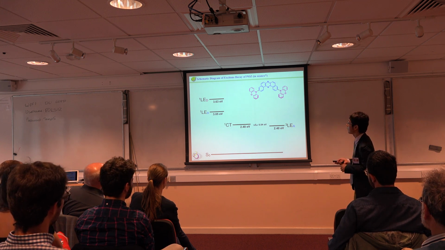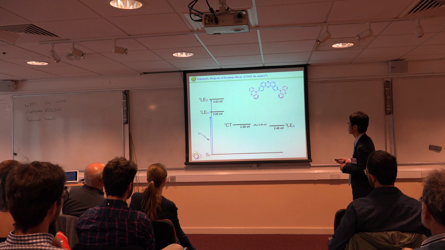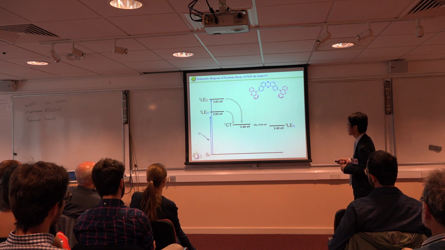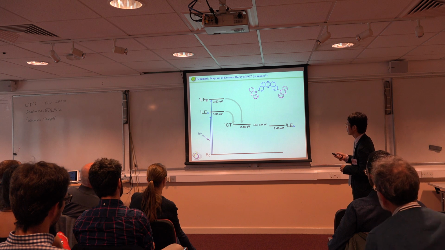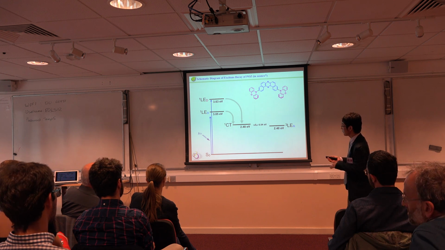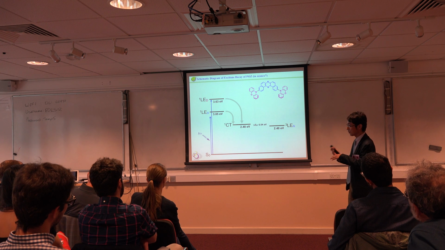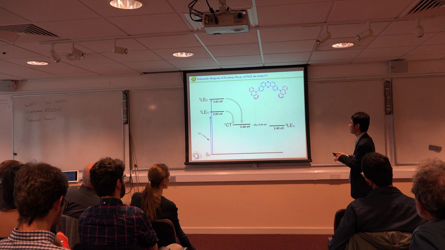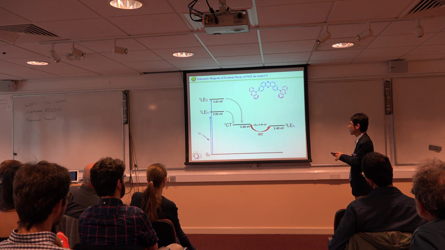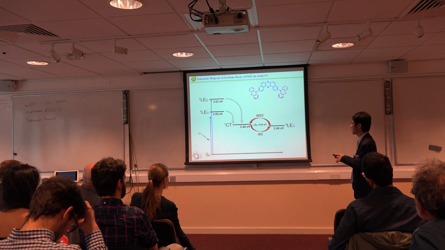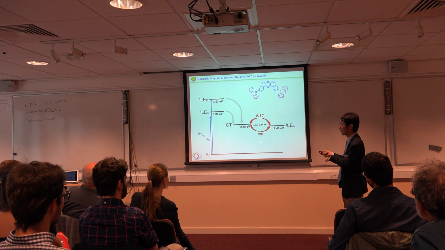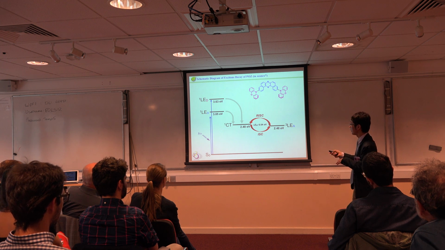To show an illustrative diagram of the excitation decay of this compound, here it is. So once the singlet state is generated, photoinduced electron transfer gives the charge transfer state, and then between the charge transfer state and the locally excited state, the ISC and RISC processes occur.